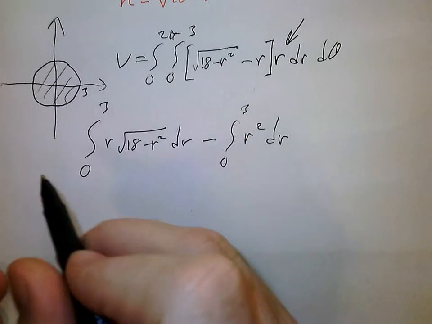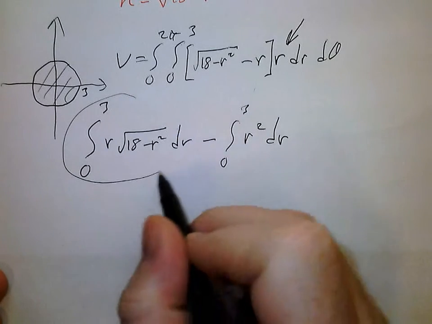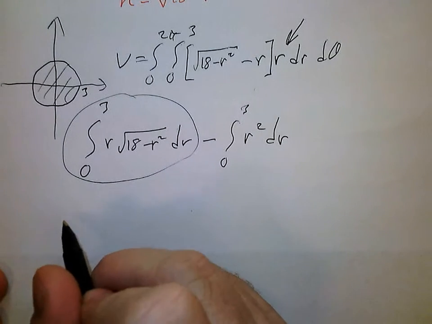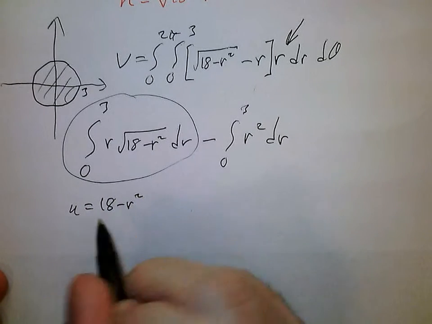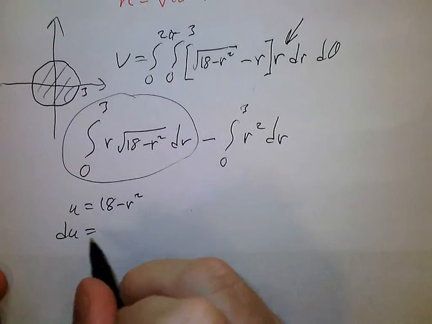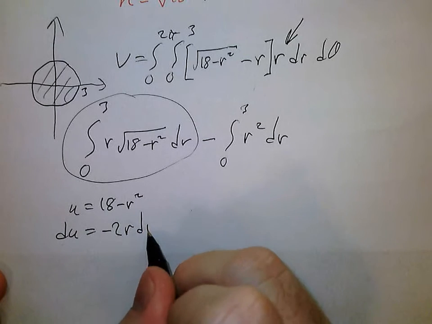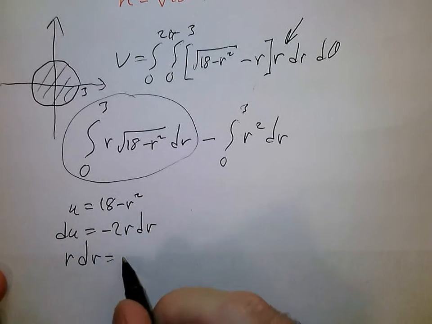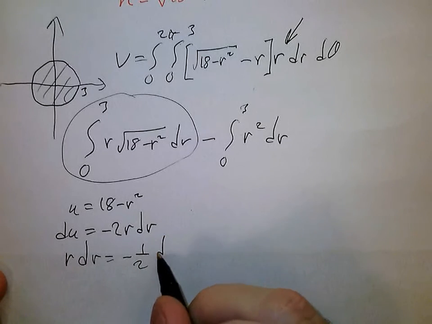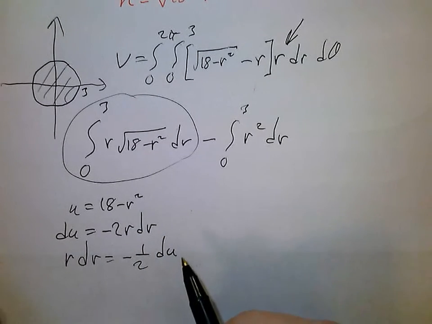So on this first one here, I would let u be 18 minus r squared. So du is negative 2r dr. So that means r dr is negative 1/2 du, right?